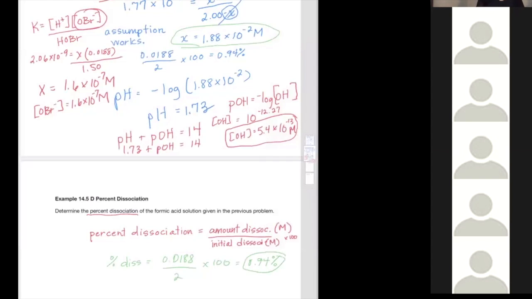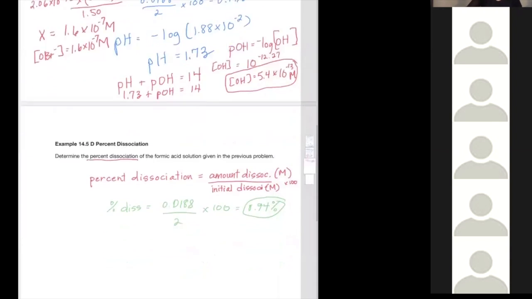So that's 0.94%. And that's it. So when you're proving your assumptions, you're actually calculating percent dissociation. How much was dissociated in the equation? So that's a pretty simple problem there.